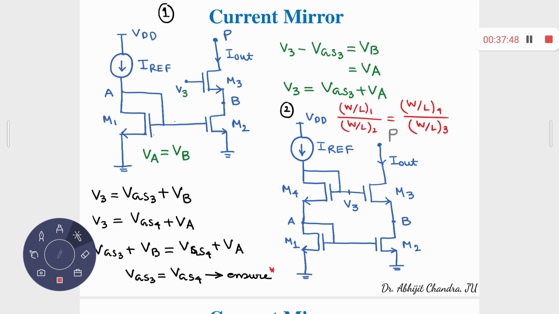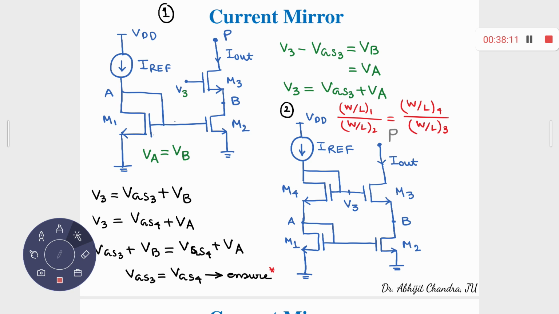Still, since we have added something on top of M2, what will be there apart from that? Okay, that's great that you have copied the current. But what's the limitation of this particular arrangement? Can you find any such limitation?